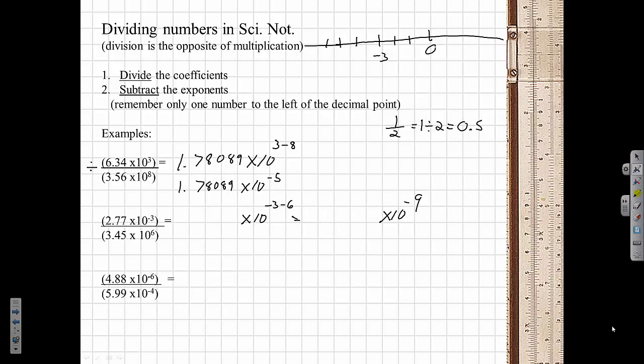Coefficient should be 0.0829. No, that's wrong too. It's 0.8029.